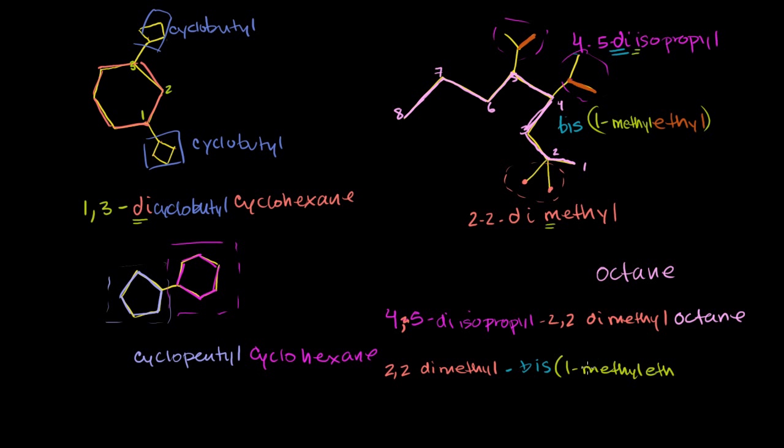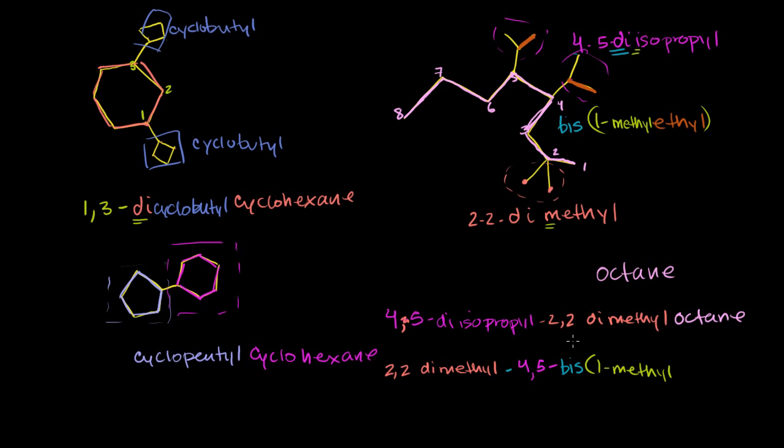Oh, sorry, I forgot where they're located. So we have them at the 4 and 5 position. So in the 4 and 5 position, we have bis(1-methylethyl) groups.